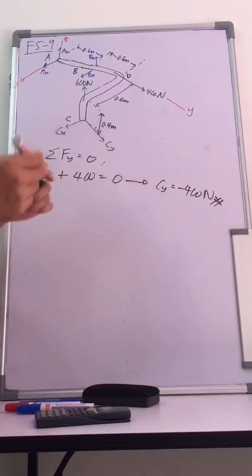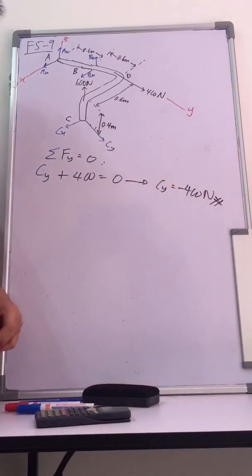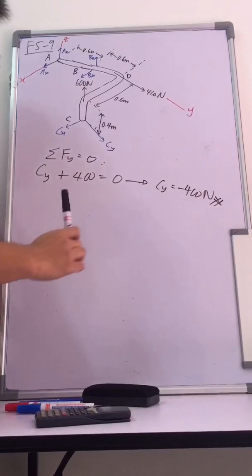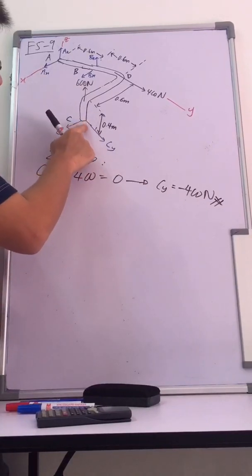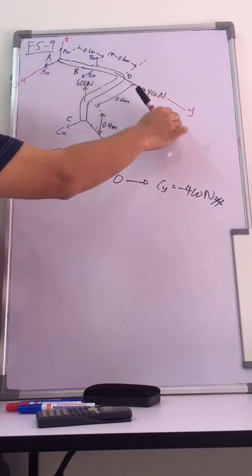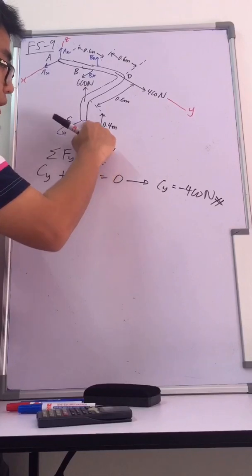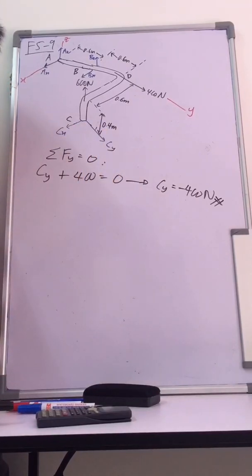Okay, so the magnitude of Cy is 400 Newton, but negative means that initially you assumed Cy going this way, right? Because you just assumed it goes the positive y axis, but actually it means Cy goes the other way. Is it okay?